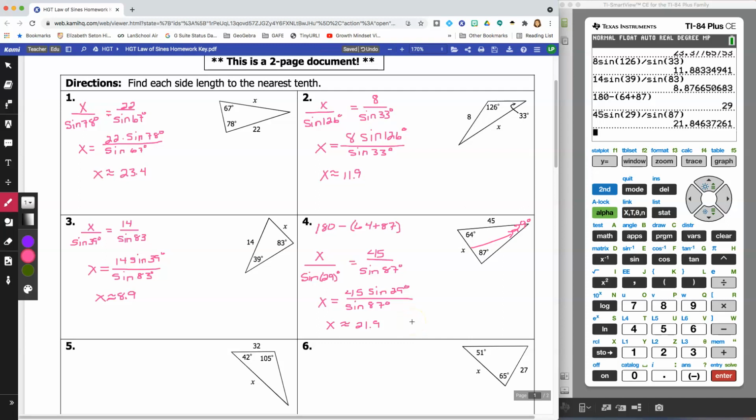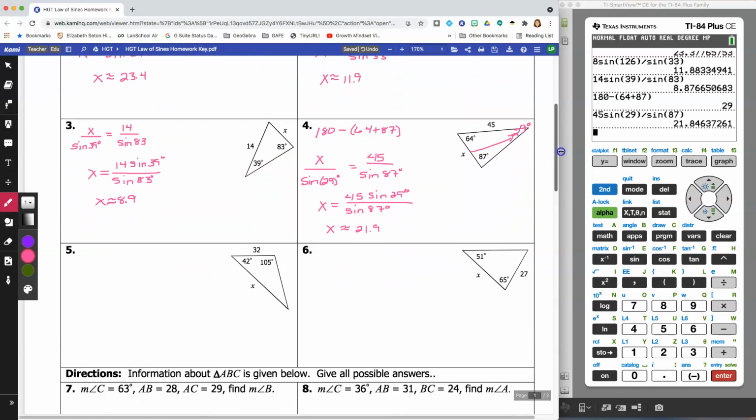Number 5 looks like the same situation. I'm given two angles, and I'm given the side length in between the two angles. But I don't have the angle across from that side of length 32. So I need to find that first.